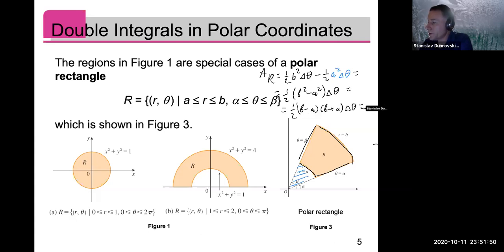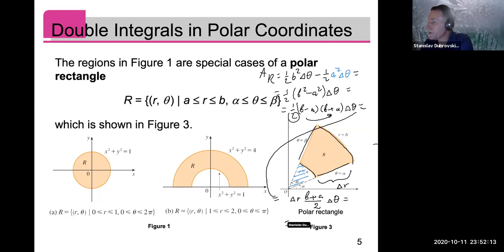So what do we get here? We can simplify. b minus a will be this distance, del r. Why don't we call it del r? So b minus a will be del r, then b plus a with this 1/2. Why don't we combine it to get (b plus a) over 2, and then del theta.